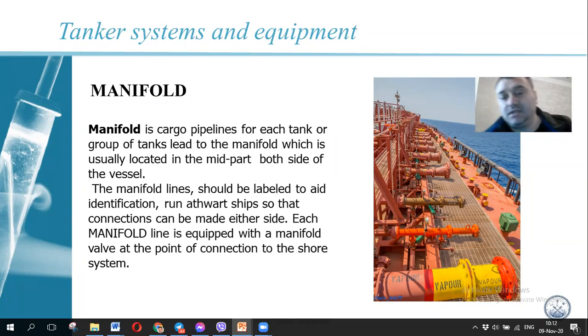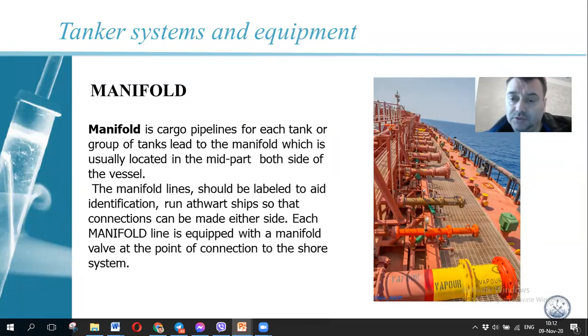That is the extreme part of the cargo line. When we're loading or closing, we have to close very close to the side of the vessel, just so as not to build up pressure in the middle of the cargo line.